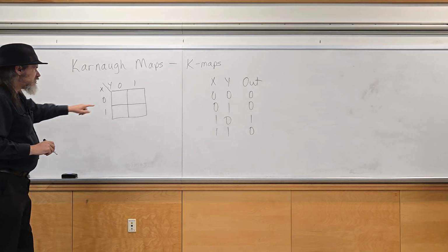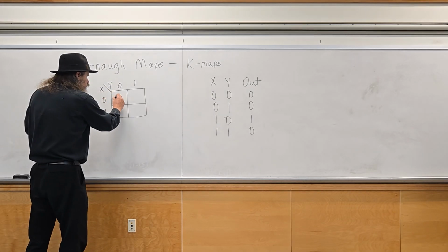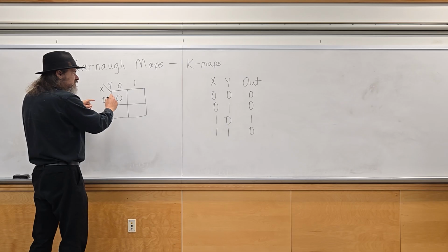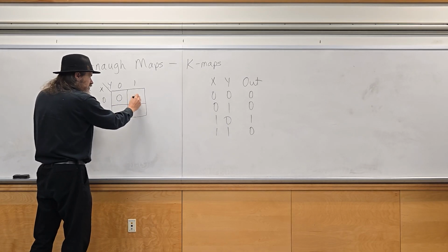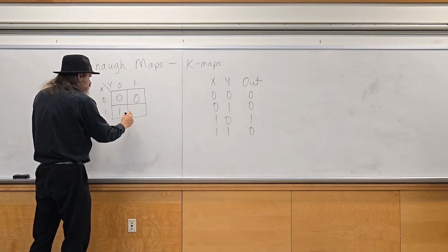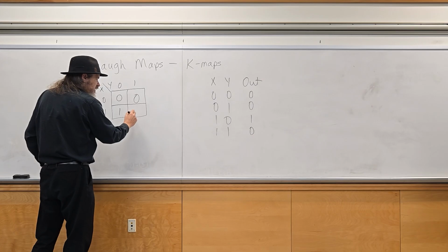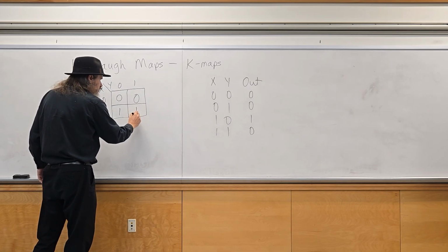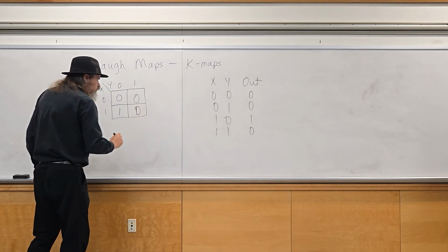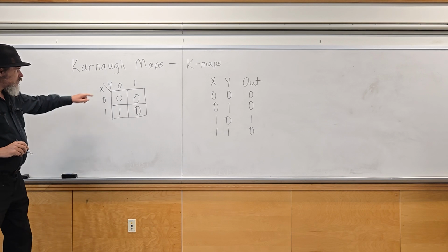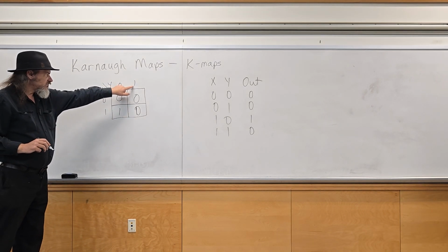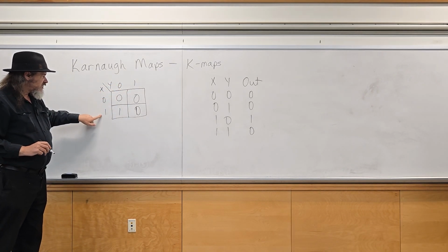So 0, 0 is 0. 0, 1 is 0. 1, 0. And 1, 1. The values of Y are here. The values of X are here.